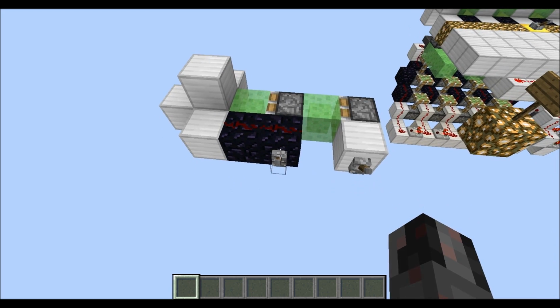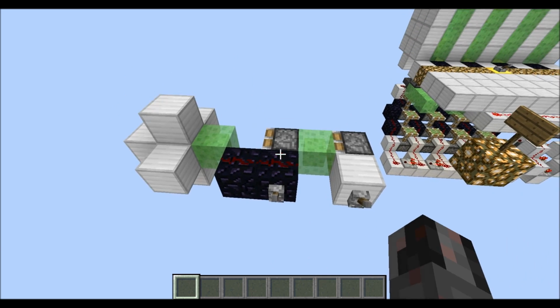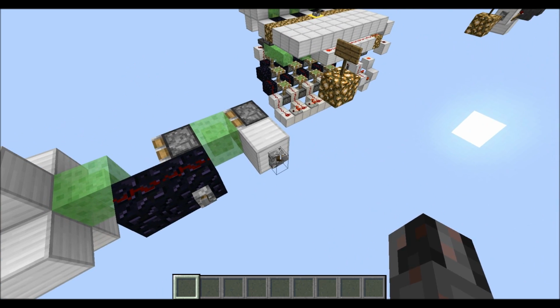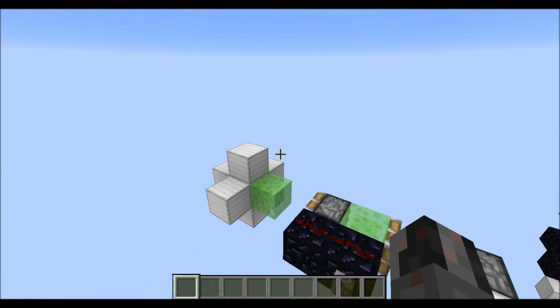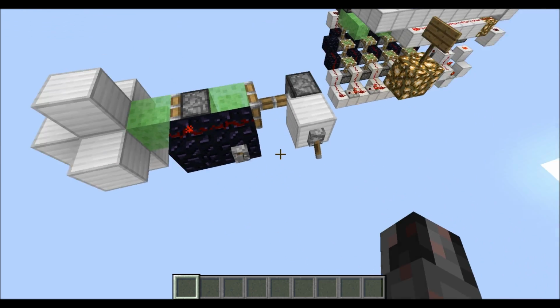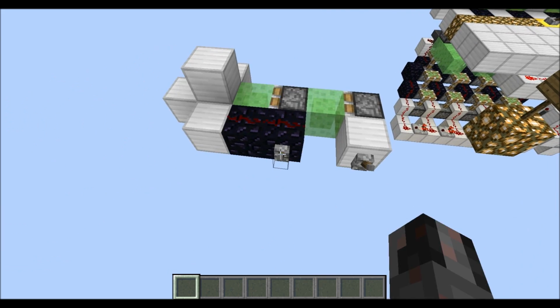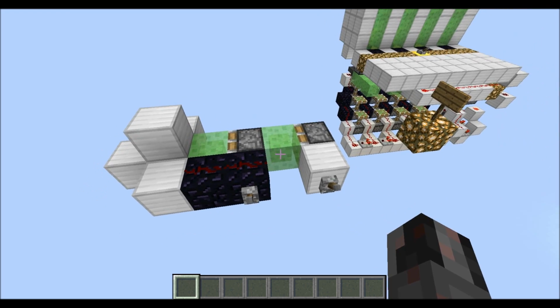And just for a little demonstration, let's say we want to activate the entire thing, so we give it a very short pulse, then we activate the piston in the first tier, and then we give it another short pulse. Now we have expelled this thing here by 2 blocks basically, and the opposite direction looks very much the same. So this is the general idea behind it.